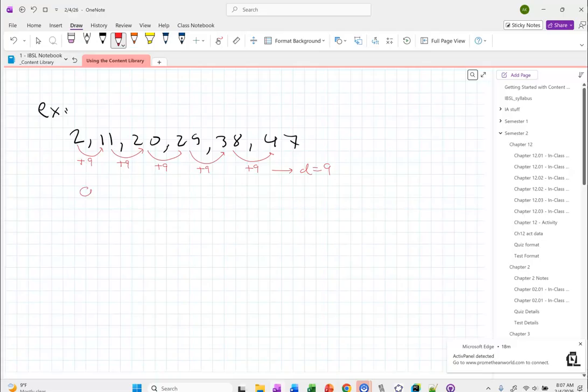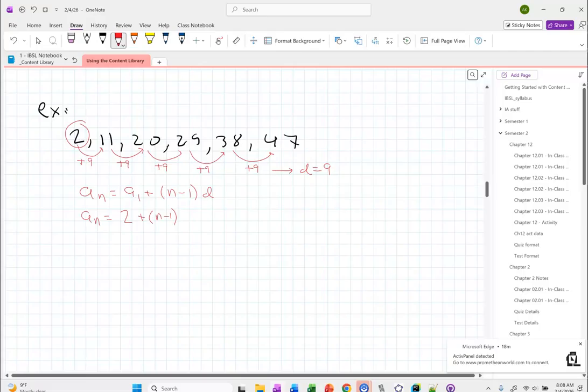So if I want to write my explicit formula, that's this, right? So if I fill in, my A sub 1 is the first term, and my D is 9.